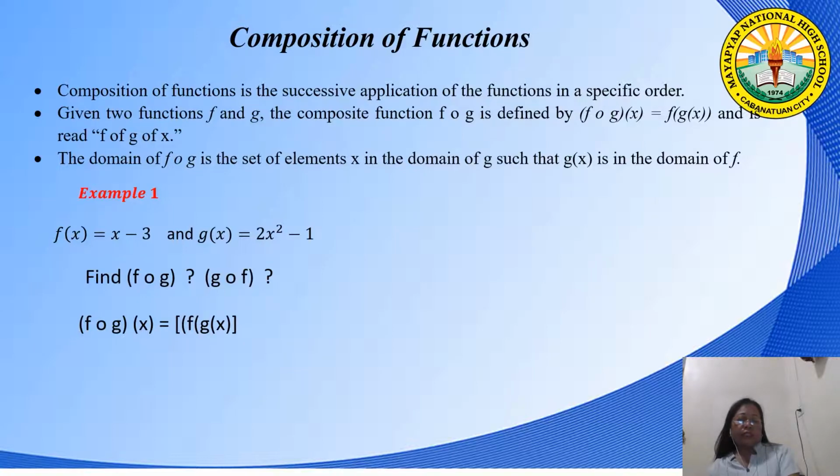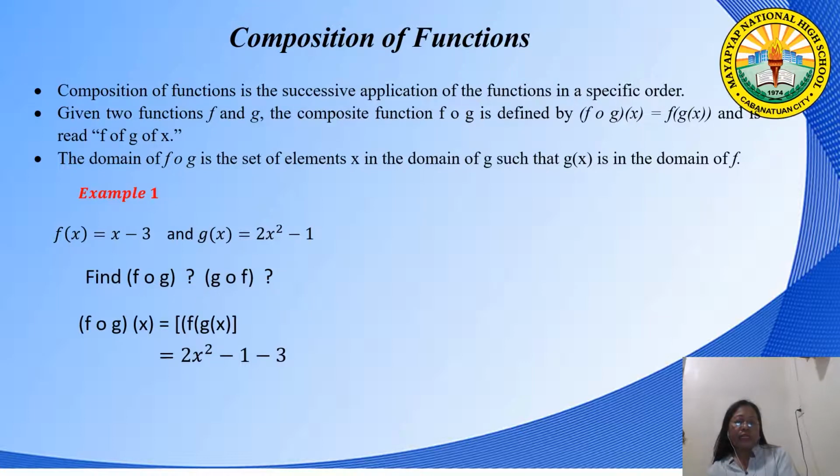So our f of x, x minus 3, becomes 2x squared minus 1 minus 3.